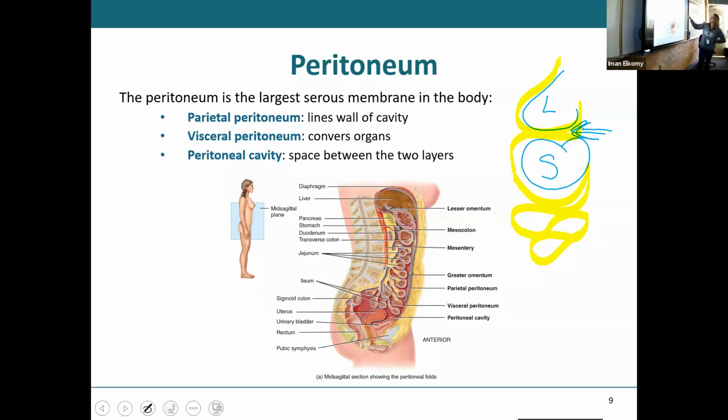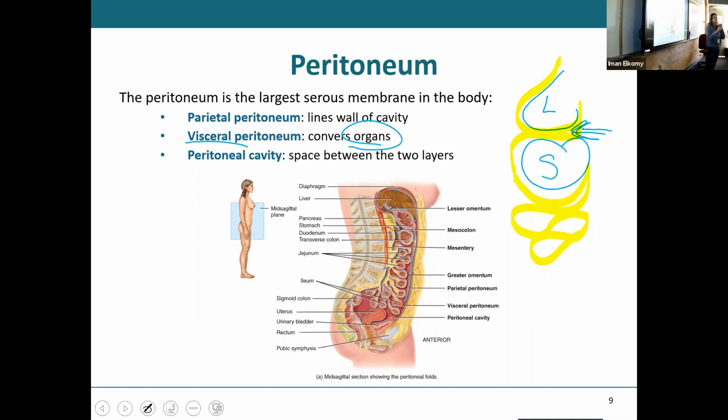Parietal peritoneum is the peritoneum that's covering the abdominal wall. Visceral is the one that covers your organs. Now, when I have completed the wrapping of all of these organs and the abdominal wall, I have a completely enclosed space. And that space is called the peritoneal cavity, okay? Your entire abdominal wall, front and back, is covered in peritoneum, but so are those organs.